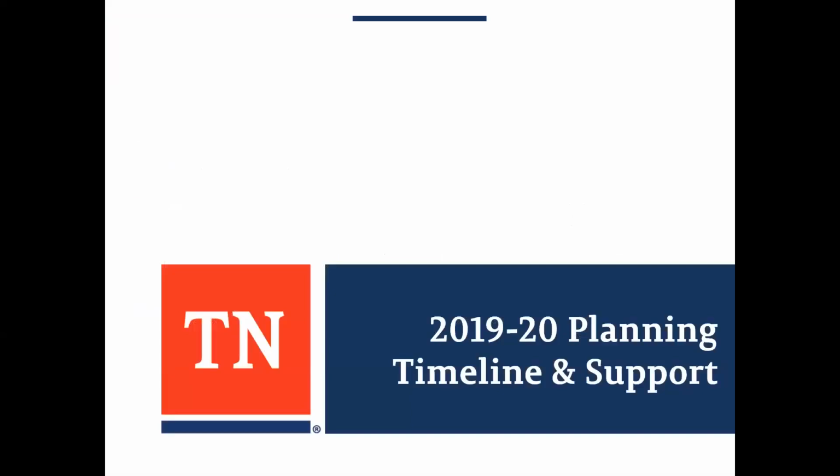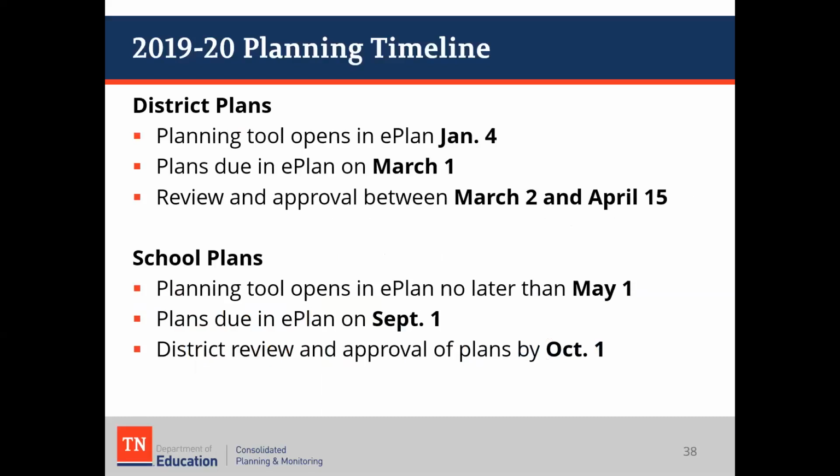So we've done a deep dive into the new planning tool. Let's talk a little bit about the 2019-20 planning timeline and support. District plans: the planning tool opens in ePlan January 4th. Plans are due in ePlan on March 1st.